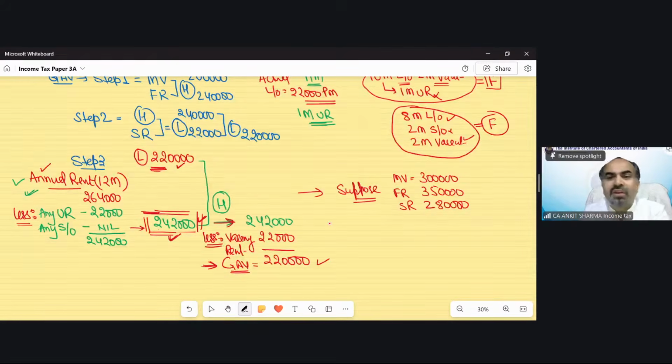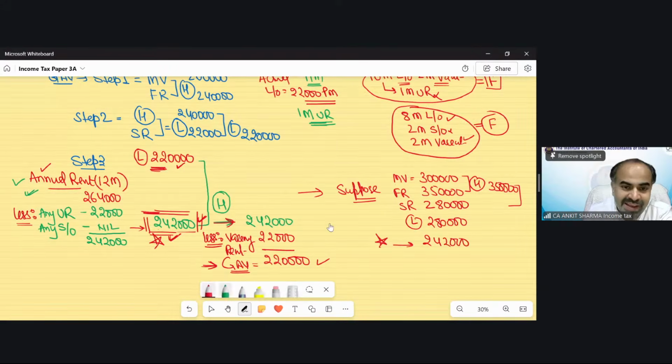All the other information is the same. Now what will happen? The higher of these two we need to take, 350. This 350 and 280, the lower would be 2,80,000. Now suppose this is my lower value, and the value we figure out as per the actual rent concept is now 2,42,000.